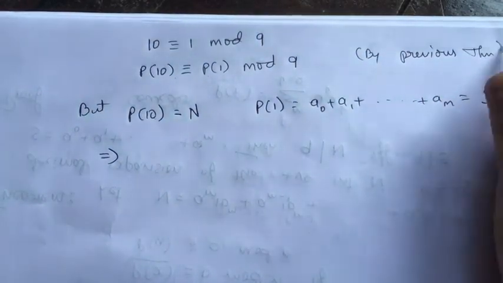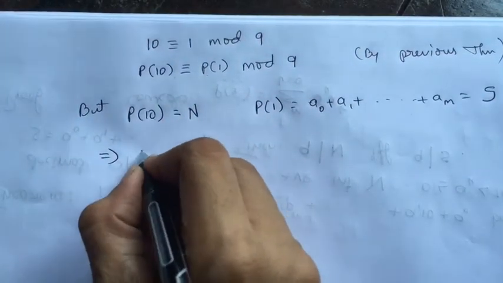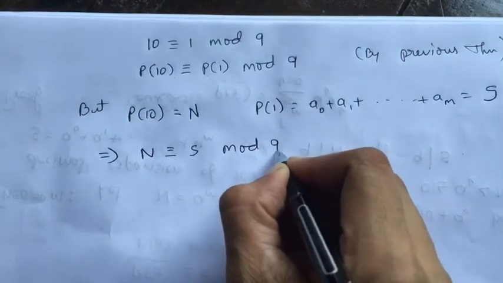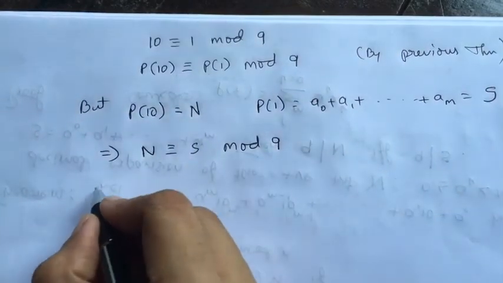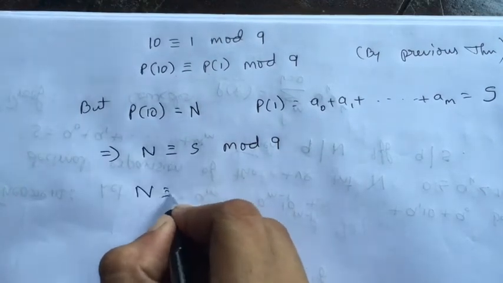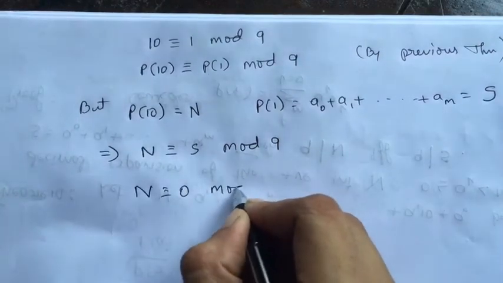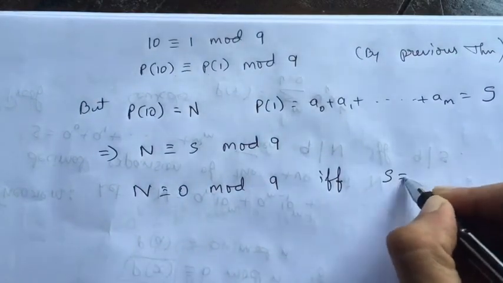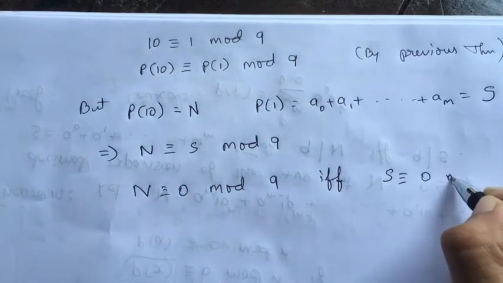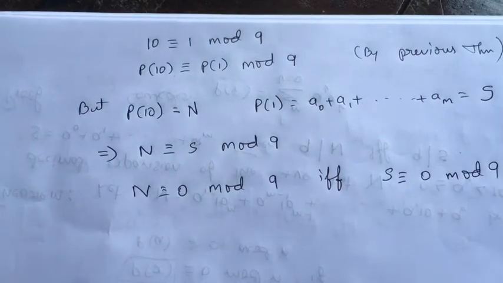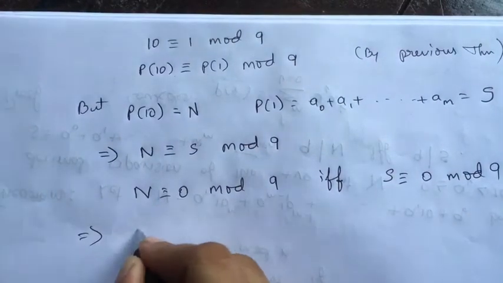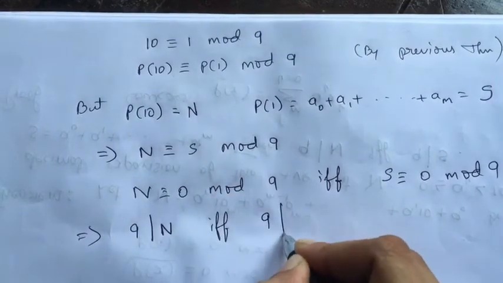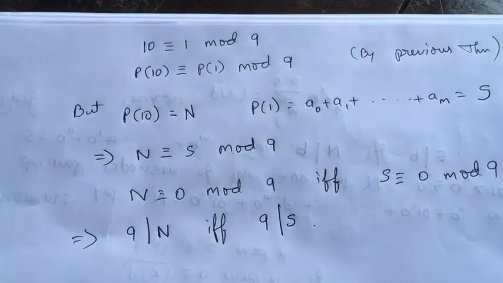So I can write n is congruent to s mod 9. It follows that n is congruent to 0 mod 9 if and only if s is congruent to 0 mod 9. Right? So I can write 9 divides n if and only if 9 divides s.